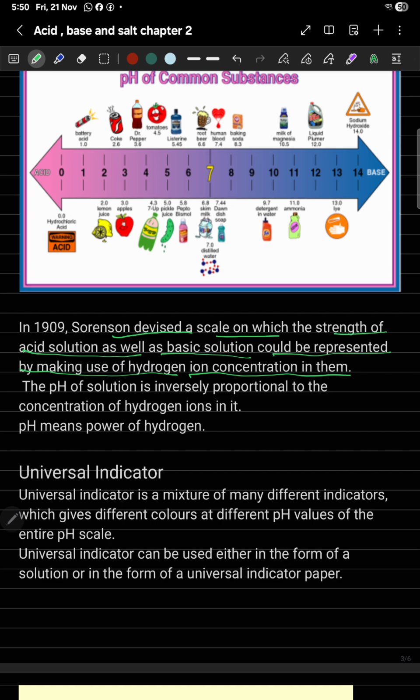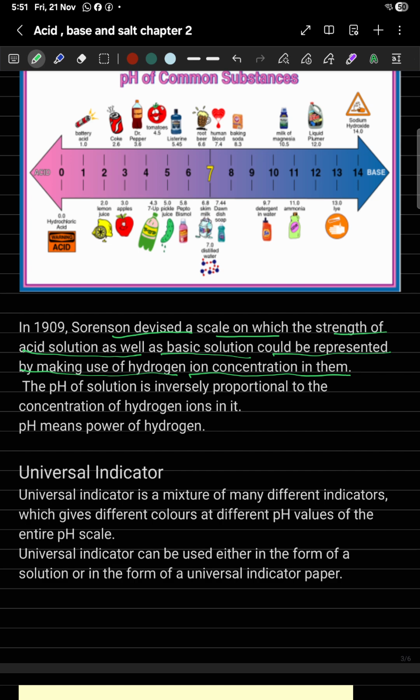That means Sorensen in 1909 designed a scale which gives you an idea about which solution has an acidic nature and which solution has a basic nature. That gives an idea about the hydrogen ion concentration. If the hydrogen ion concentration is less, that means it is a base. If hydrogen ion concentration is more, then it means it is an acid.